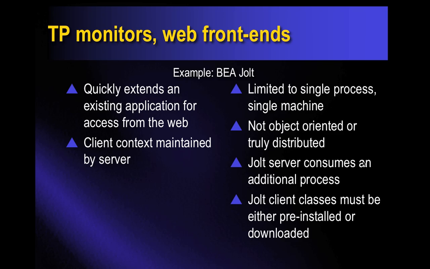It doesn't really provide too much scalability, and it's not object-oriented or truly distributed either. In terms of an example, Jolt servers consume additional processes, and Jolt client classes must be either pre-installed or downloaded as well. So that's sort of the problem with it, if you want to compare it with applets.